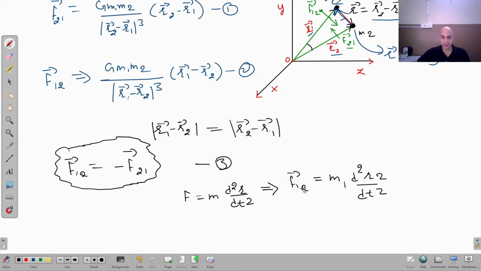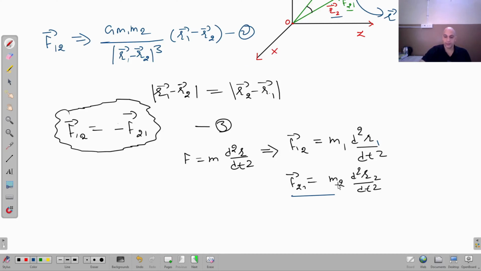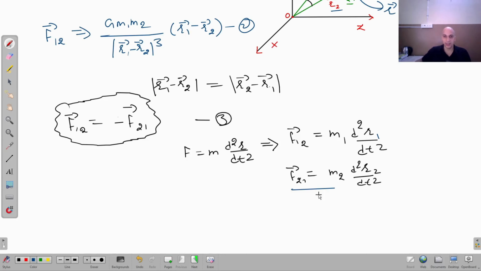Similarly F21 will be equal to m2 d square r2 upon dt square. Here it was r1, F12, so I think I have made a mistake. Because we are writing the equation of motion of the first body, it will be d square r1 upon dt square, and d square r2 upon dt square for the second. So these are two equations that I wrote here, let it be equation number 4 and equation number 5, right?